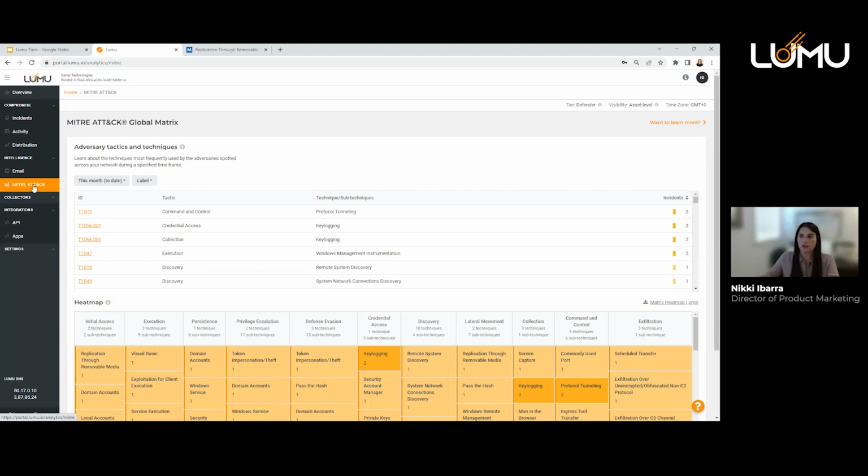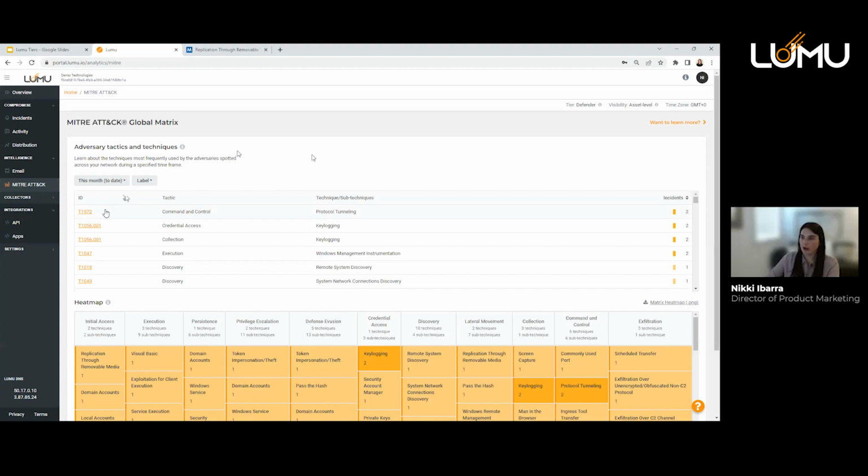This global matrix is taking all of the incidents that you've seen over time, all of the connections with bad actors, and it's giving you the techniques that are being used against you the most, as a whole, not related to one particular incident or another, but the majority of what you're seeing across your network.